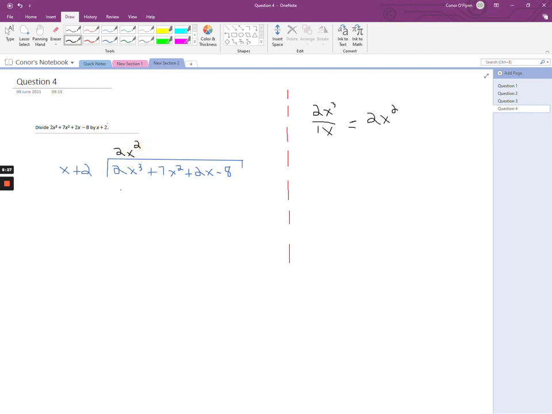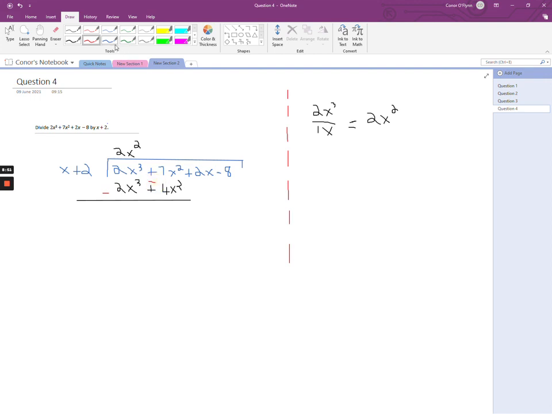Okay, and whatever I get, I multiply back in. So 2x squared by x is 2x cubed plus 4x squared. And then I'm subtracting.